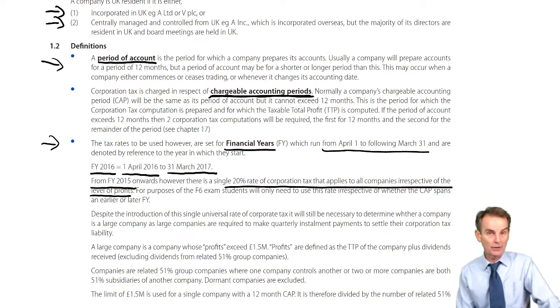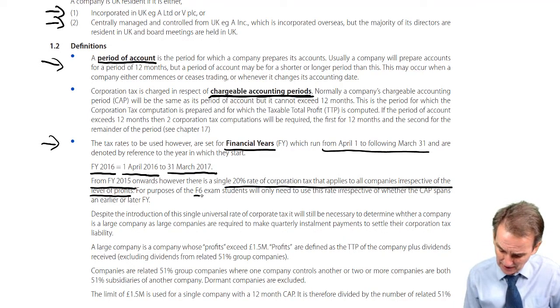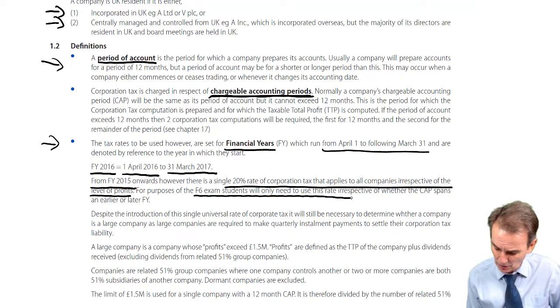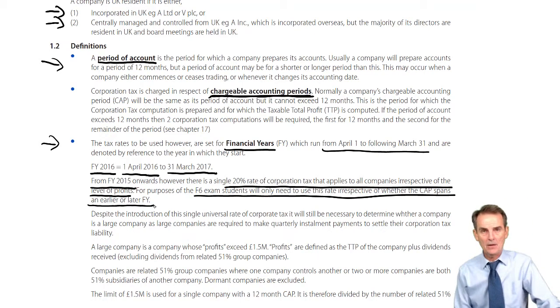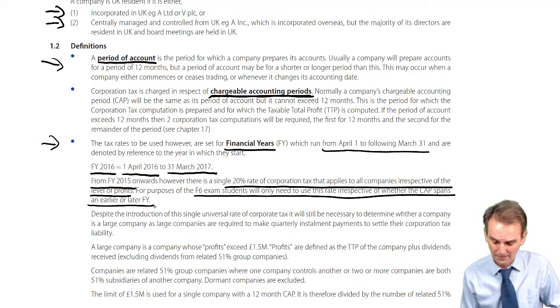But for the purposes of the F6 exam, students will only need to use this rate, irrespective of whether the chargeable accounting period spans an earlier or later financial year. So we only need to know the 20% rate of tax.